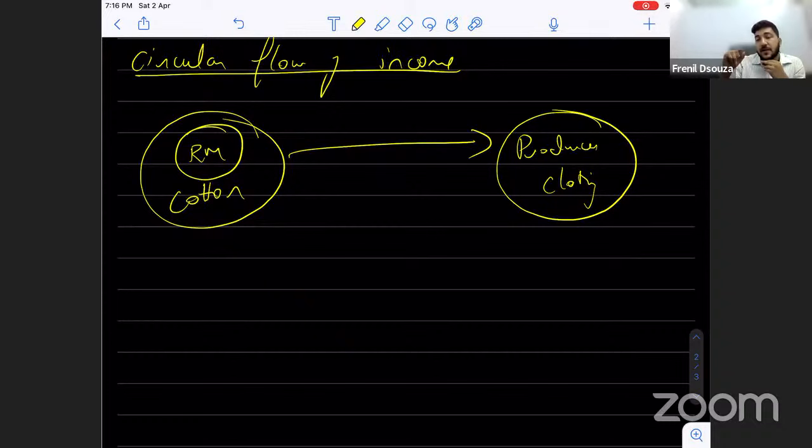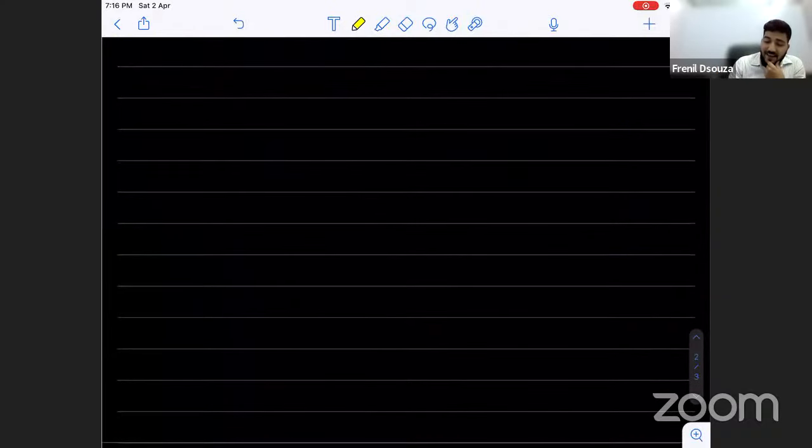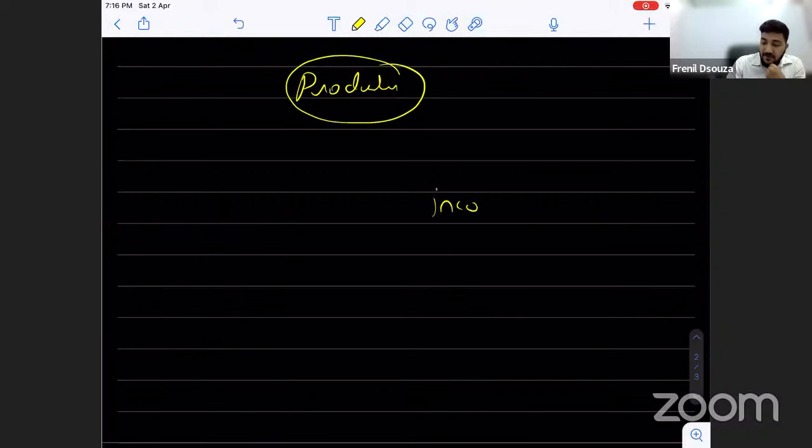So what is happening? The money is being spent for, let us say, raw material or labor. Goods are produced later, and once these goods are produced, they are again exchanged for money, and money keeps rotating between people and business firms. Now, this scenario is called a circular flow of income. We say in simpler terms that there is a production phase, an income phase, and an expense phase.